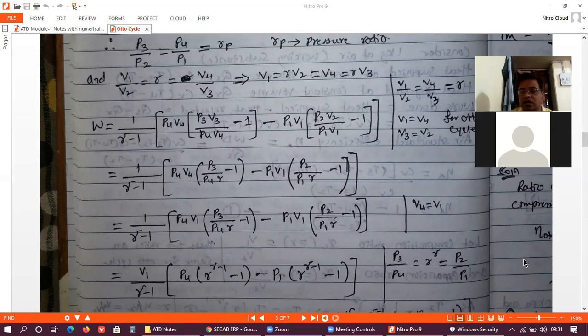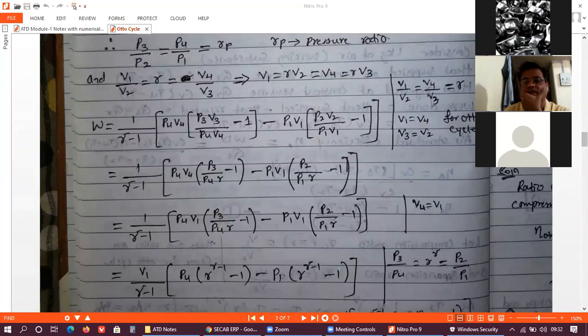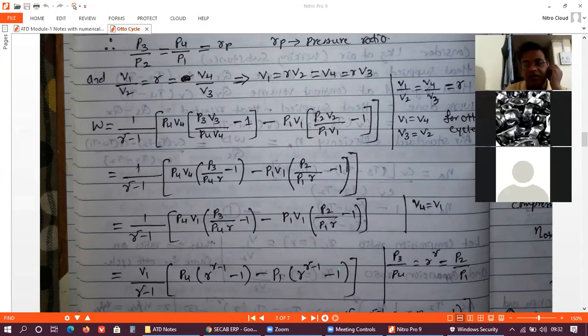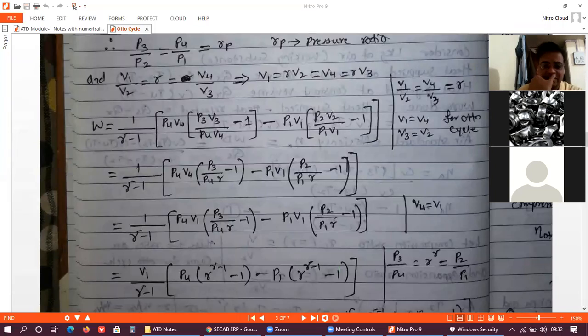Hanumant, Shakib, Bilal, am I audible? Yes, sir. Okay, any doubts you have in this derivation part, you can ask me. The derivation is a bit easy, but some new terms have been involved and some simplification is required here. So nothing much is there. The only thing is you need practice for this.